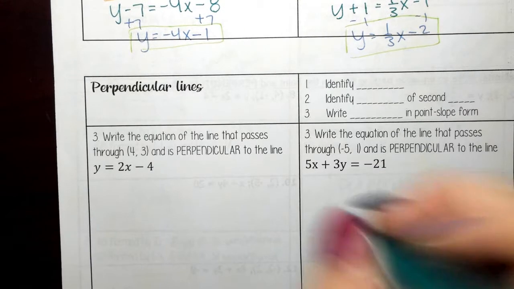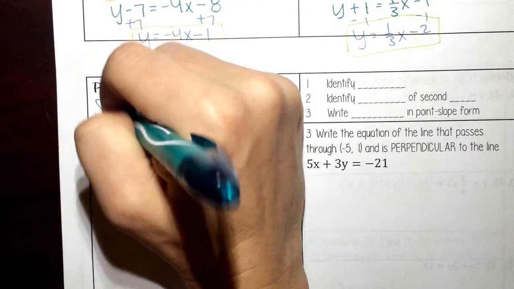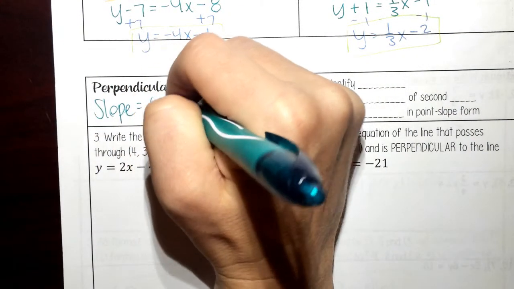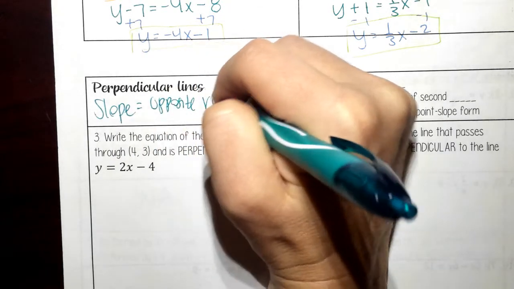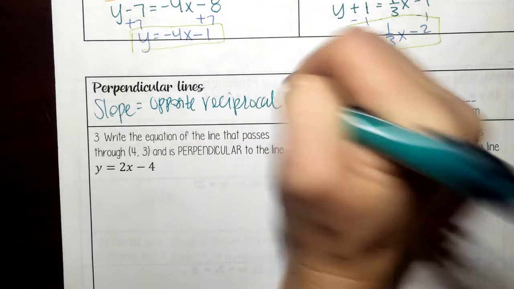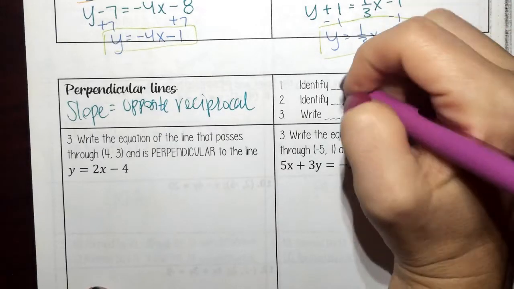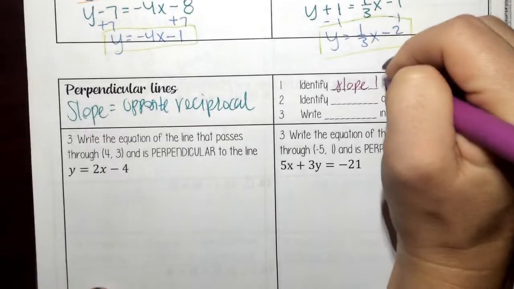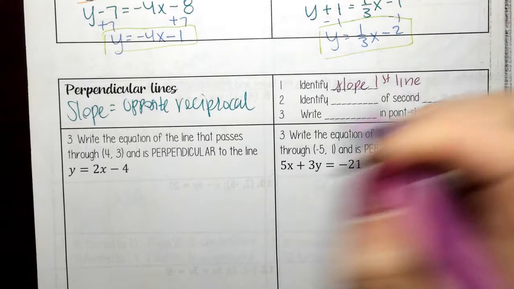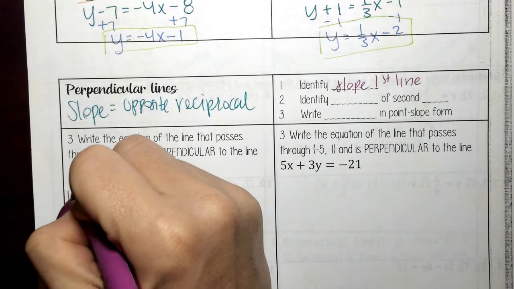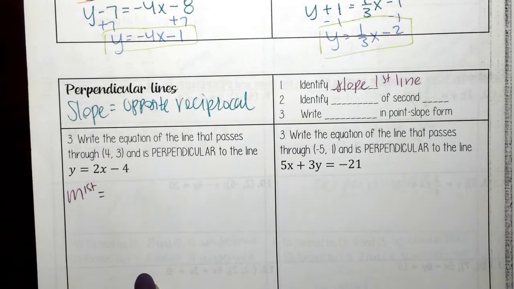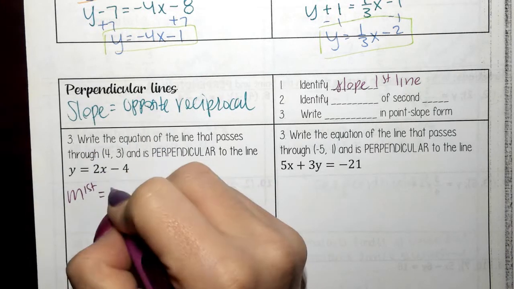We just have to remember our slope is the opposite reciprocal. So first identify the slope of the first line. So m of the first line is 2.